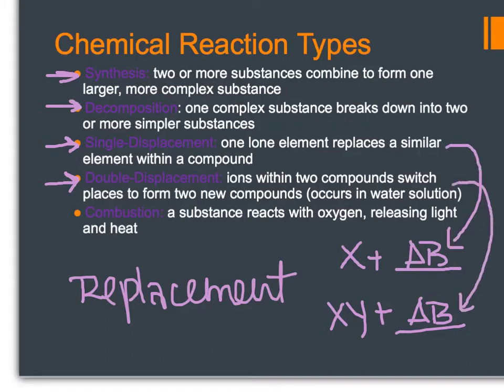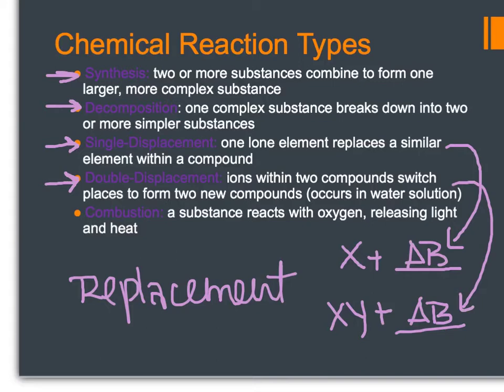Oftentimes, double displacement reactions occur within water solutions or in aqueous solutions because ions are easily dissolvable in many instances, and so they more readily change partners, they more readily pair up when they're dissolved in a water solution.